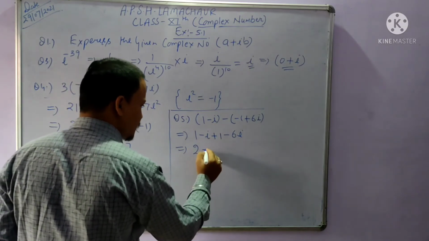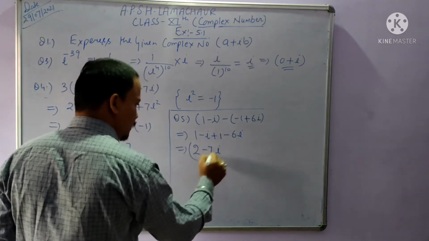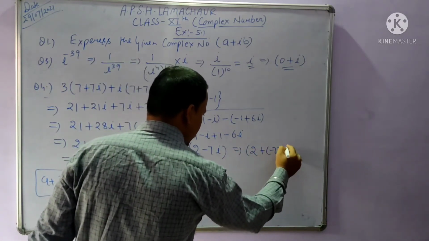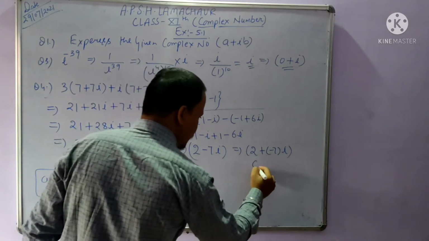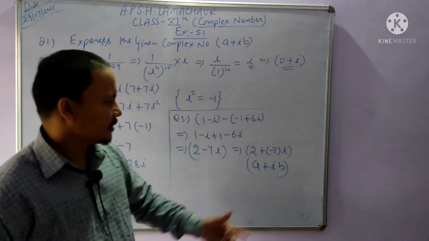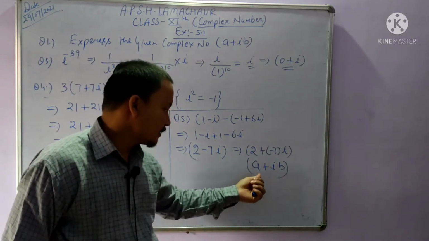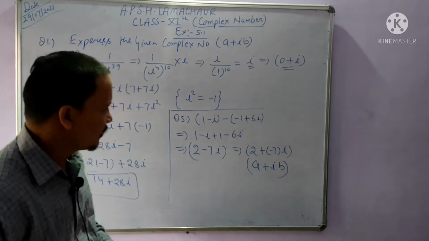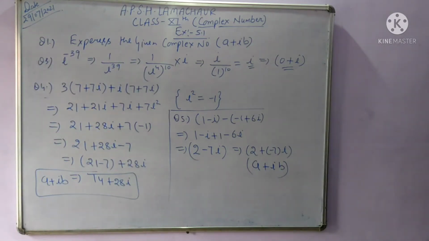Minus i minus 6i, this is minus 7 times i. Okay, so how can we write this? 2 plus minus 7 times iota. So this is the format of a plus ib. Now see the real part. If we compare both complex numbers, then we get the real part is 2 and the imaginary part is minus 7. Okay, pause the video and take the screenshot.